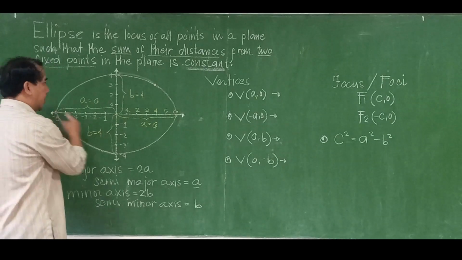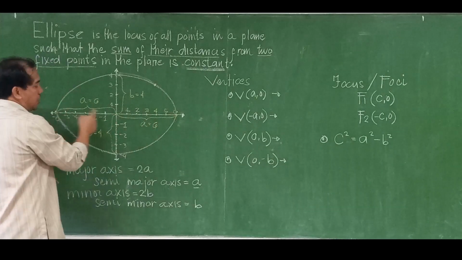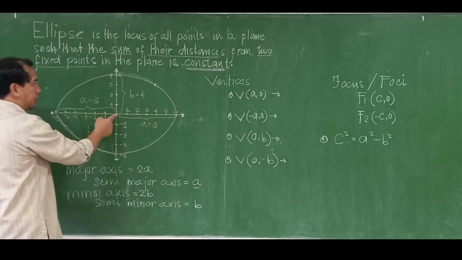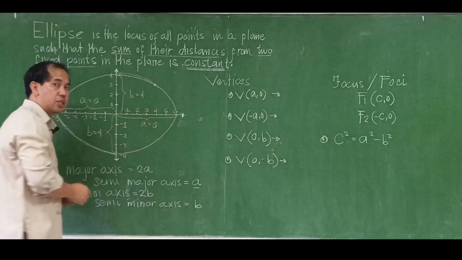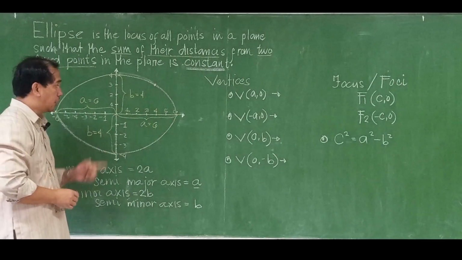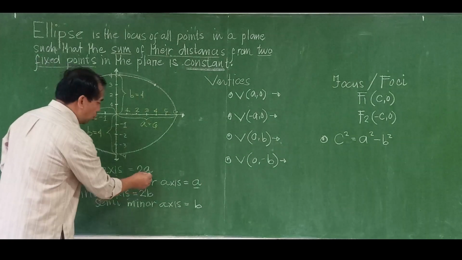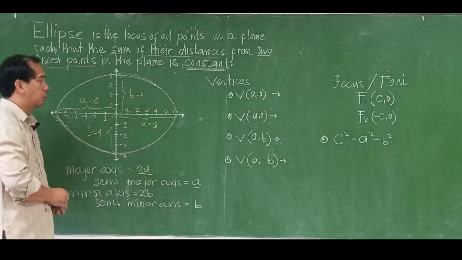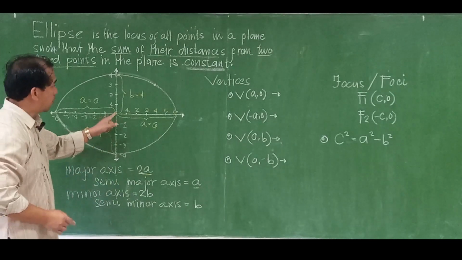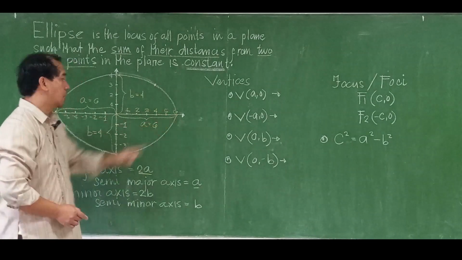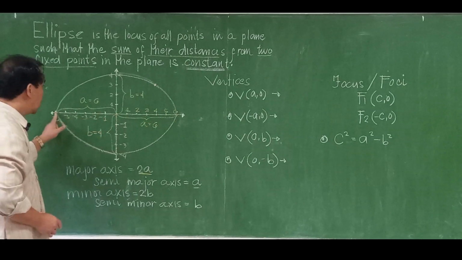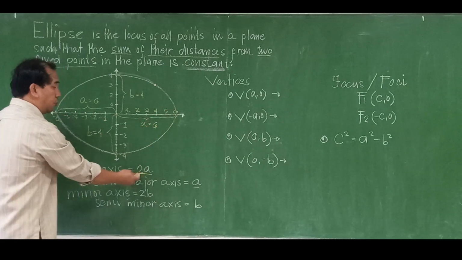So the measure of the segment passing through our center going to the opposite vertex is called the major axis, and the measure of that is 2a. Why? Because we have a plus a. Again, a is measured from the center to the vertex, so the major axis has a measure of 2a.